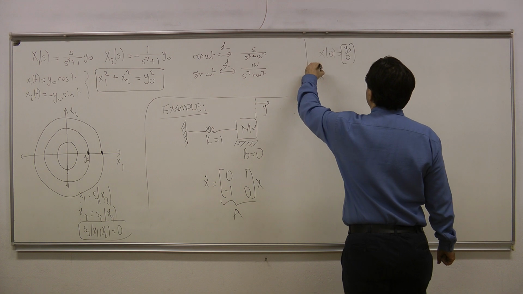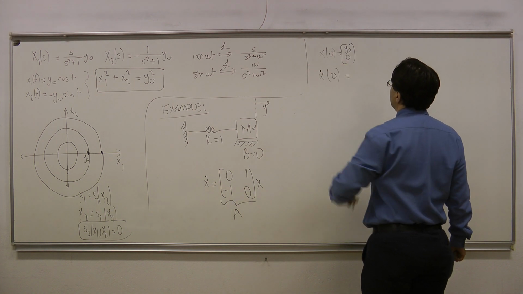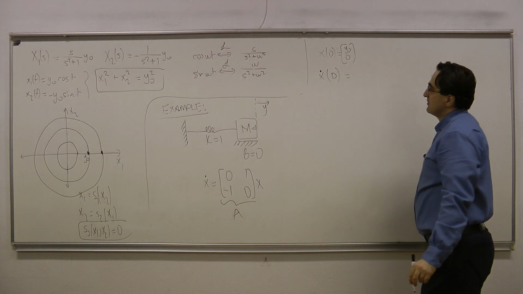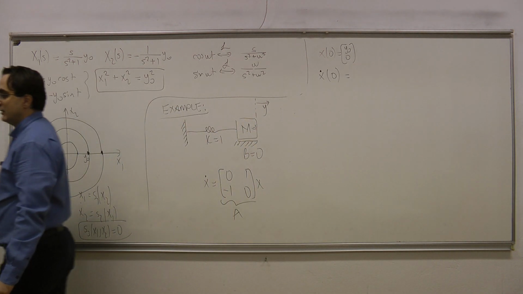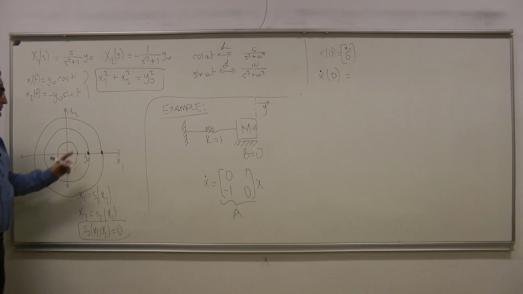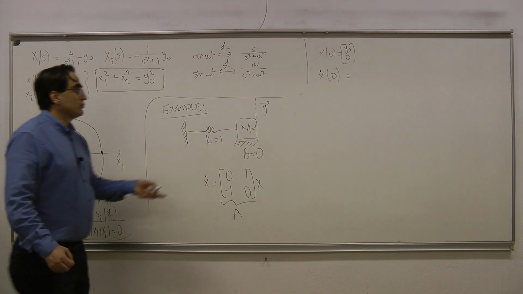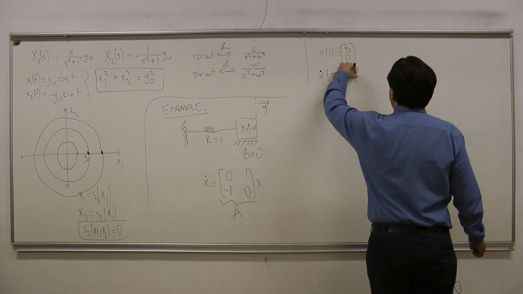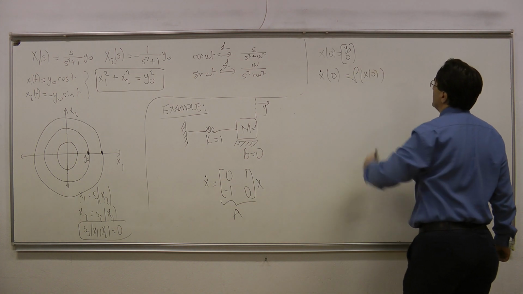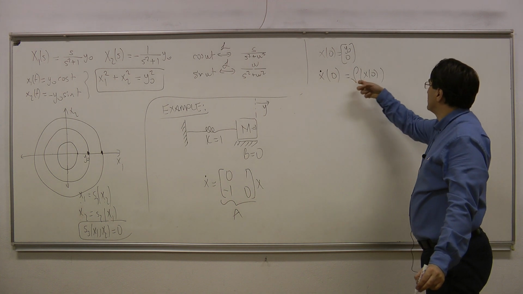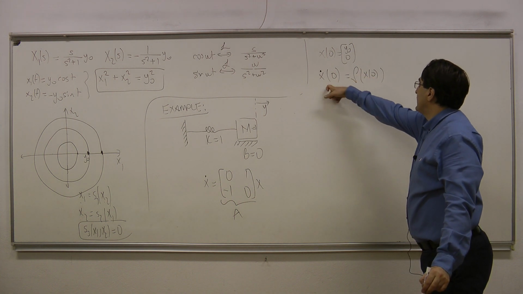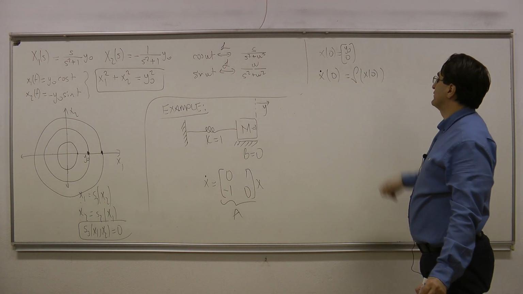I'm wondering here, what is x dot of 0? The initial velocity of the trajectory, the initial velocity of the system state. So what is this? This is f of x0. Remember, our differential equation is x dot is equal to f of x. That means that x dot of 0 is f of x0.